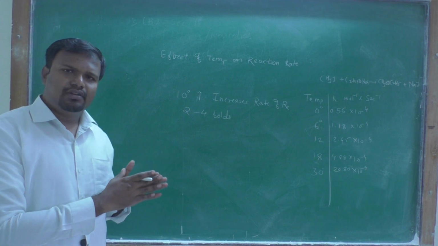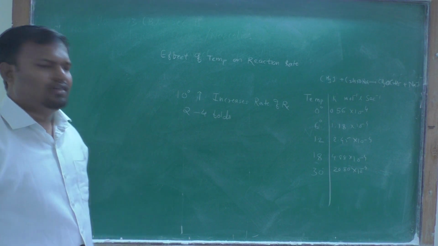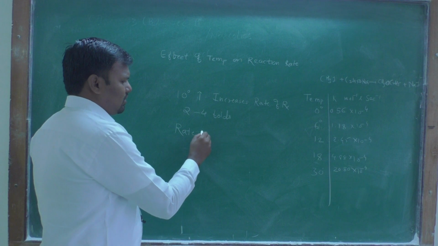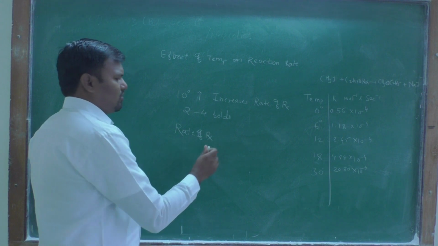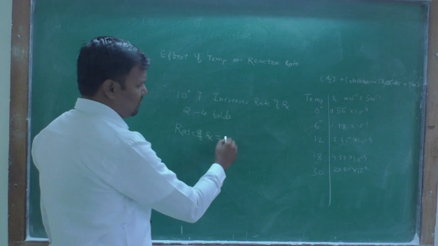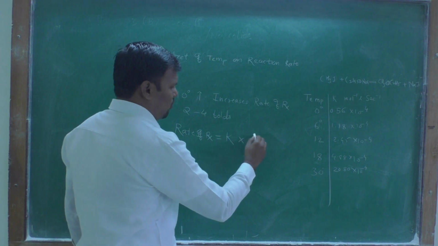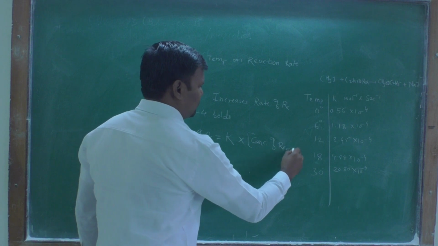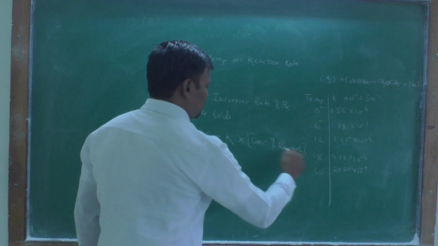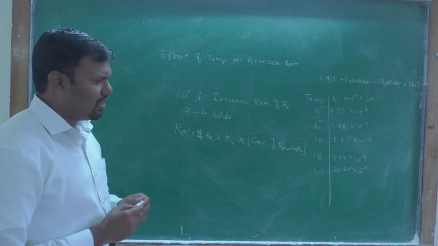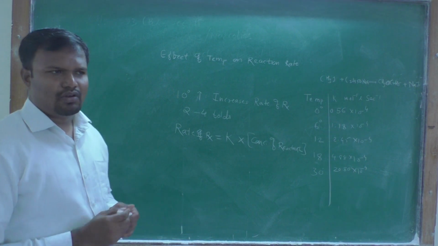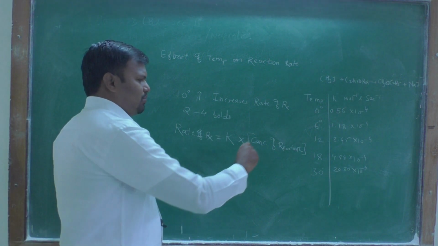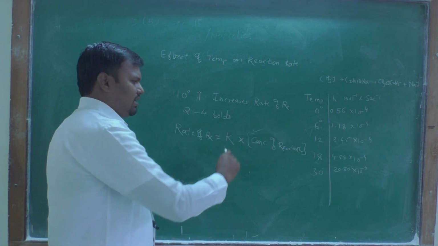How does this happen? We have a rate equation: rate of reaction is equal to rate constant into concentration of reactant. By this formula we can give the rate of reaction. Therefore, rate of reaction also depends upon the concentration of reactant and the constant.